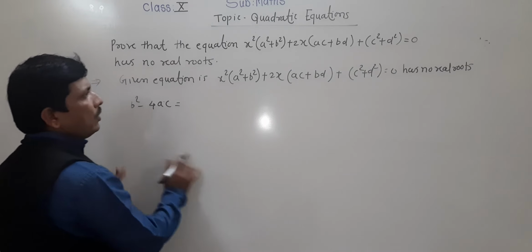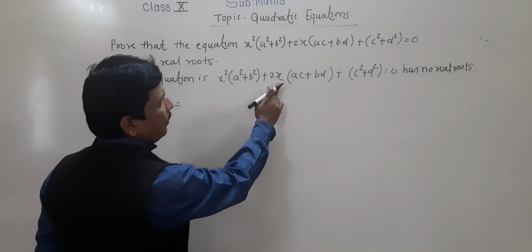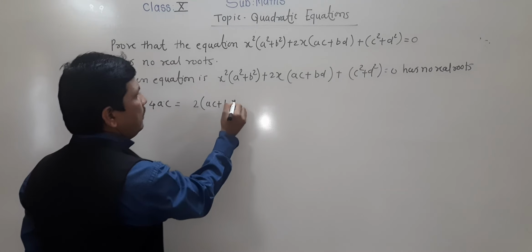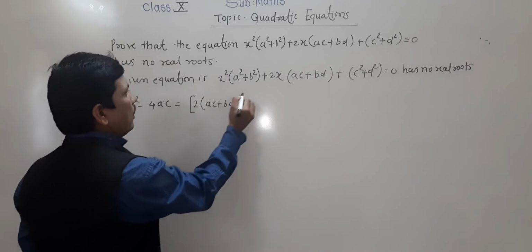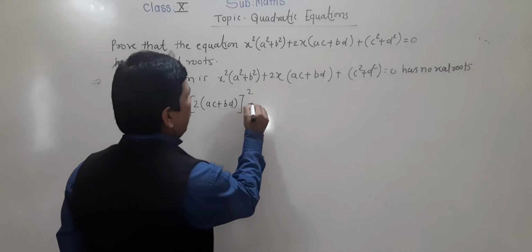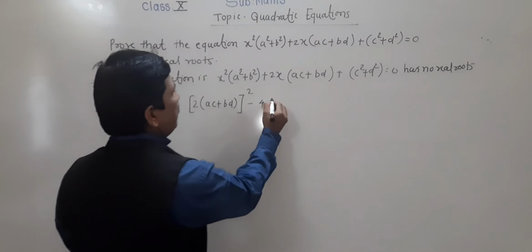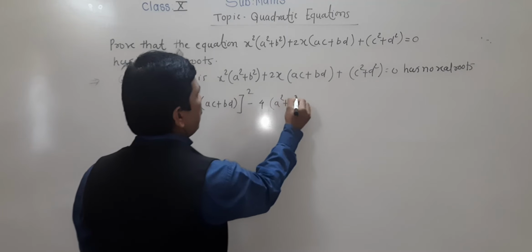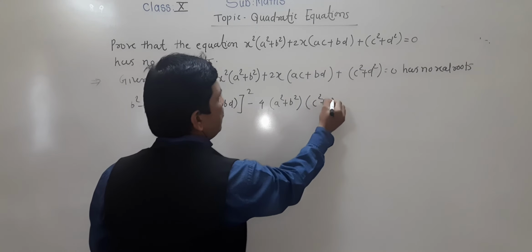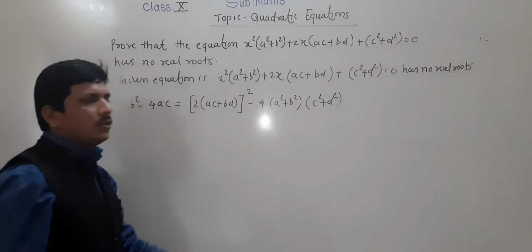So what is b square, what is b? b is the coefficient of x. So 2 in bracket ac plus bd, bracket square, minus 4 into a. What is a? a square plus b square, into c square plus d square. So b square minus 4 is c.